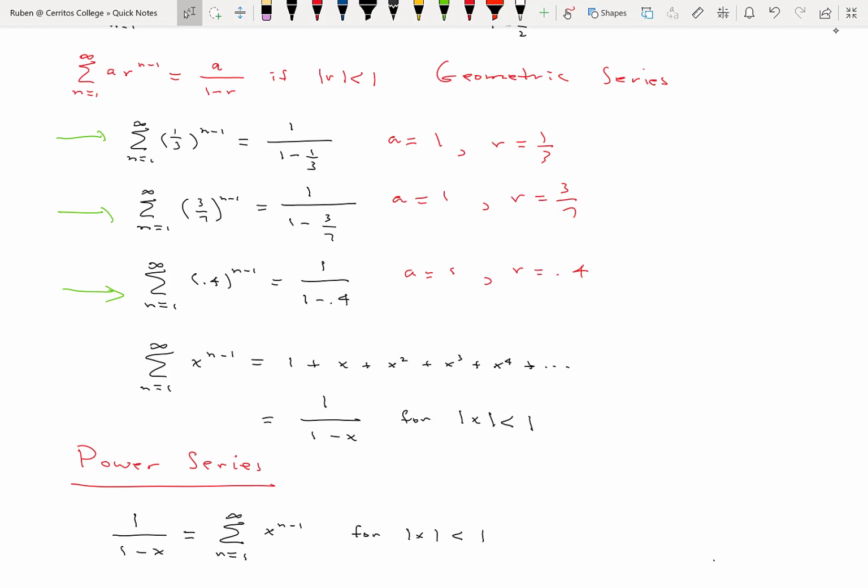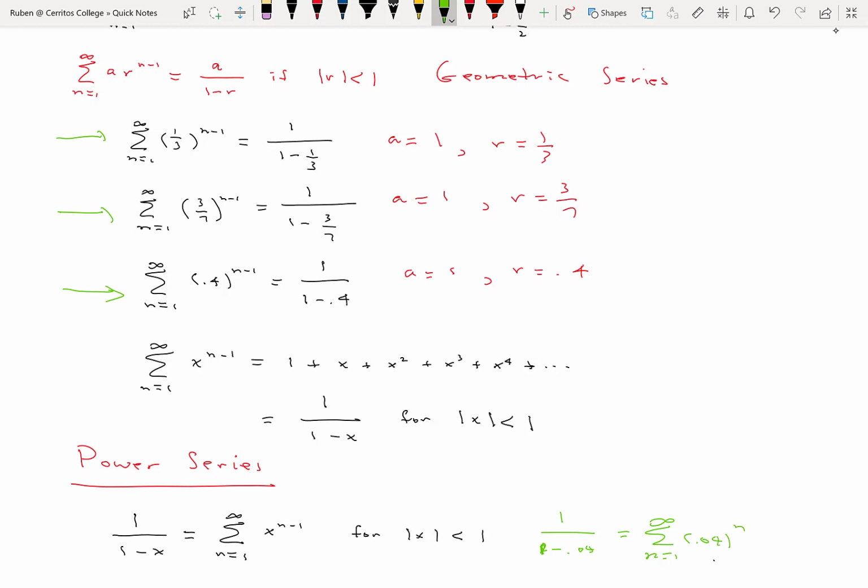Well, if we replace x with, let's say, 0.04, then 1 over 1 minus 0.04 is equal to the sum, n goes from 1 to infinity, of 0.04 raised to the n.